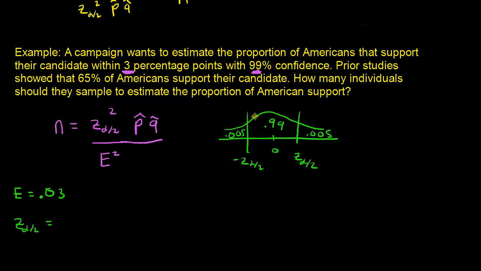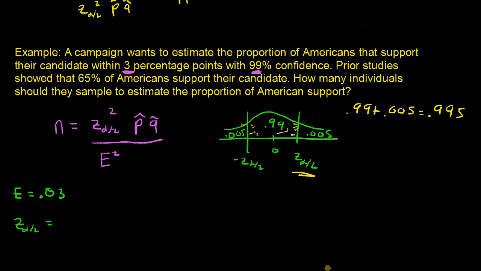Total area under the curve is 1, and we're trying to look up in our table the area behind this critical value. It'll be 0.99 plus 0.005, which is 0.995.